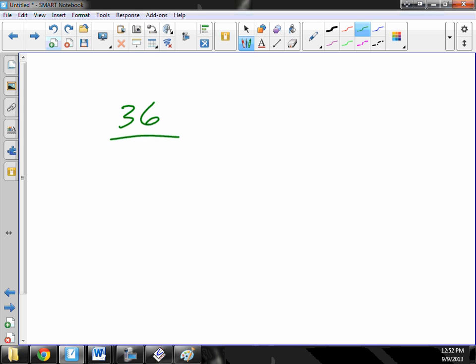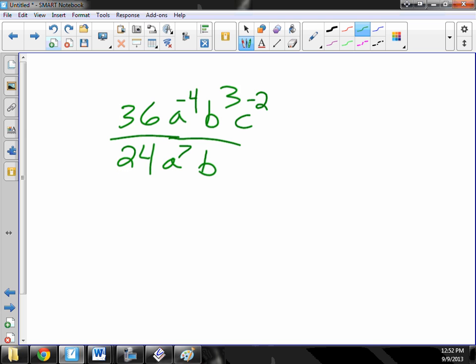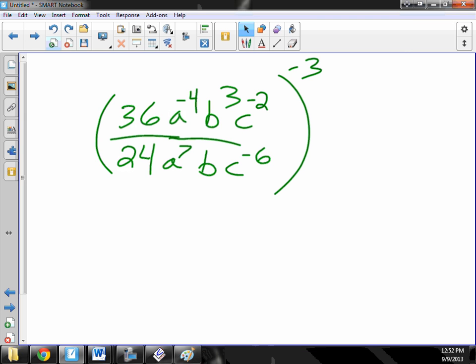36, say 24ths, a to the negative 4, b to the third, a to the 7, b to... The only difference here is the outside exponent is a negative.